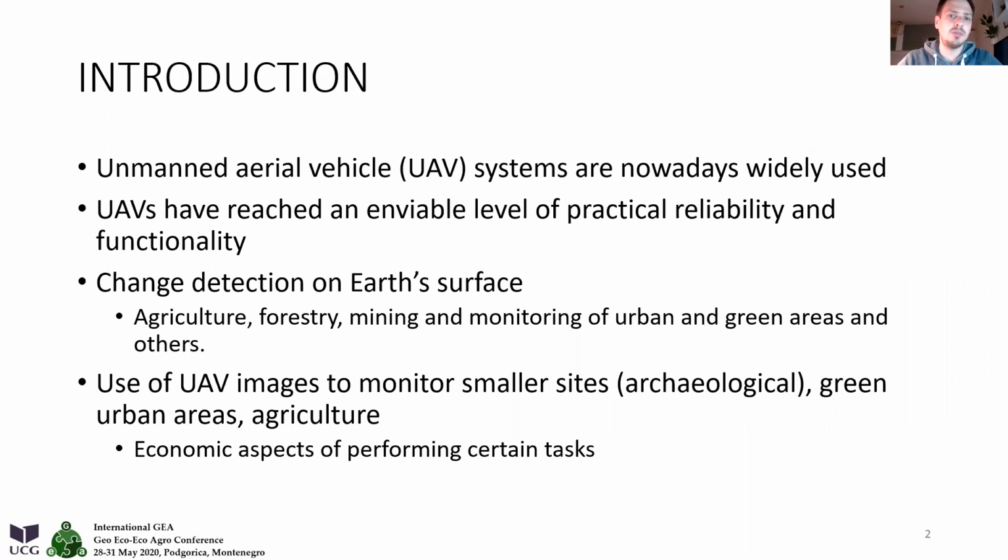One of the potential applications of UAV images is change detection on the Earth's surface by recording a series of images of the same surface over time, which is of great interest for a number of applications. This paper will show how UAV images can be used to monitor smaller sites, to monitor green urban areas and their application in agriculture, together with the economic aspects of performing certain tasks.